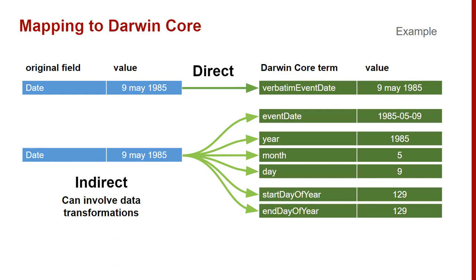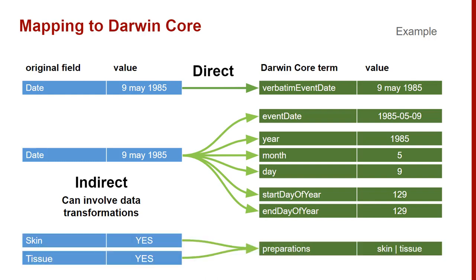Other types of mapping could involve splitting the information in the original field to complete other separate fields for year, month, and day, and start and end day of year. Conversely to splitting, some mappings may involve merging or concatenating information from two or more fields into a single one.